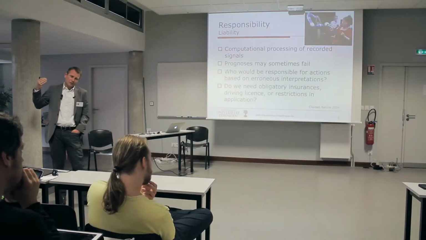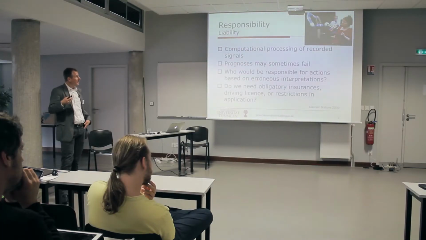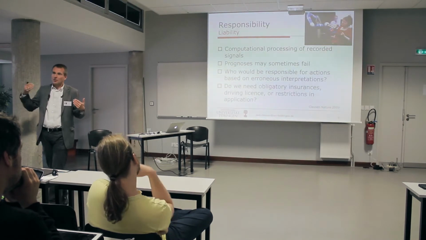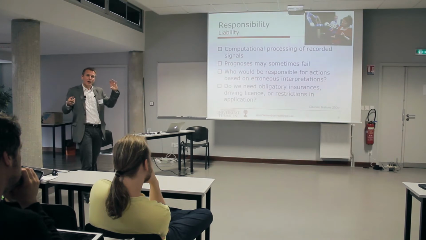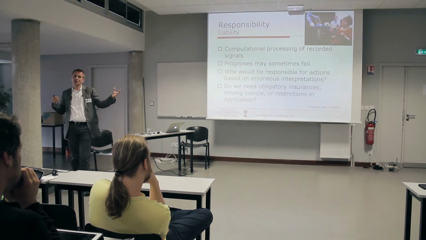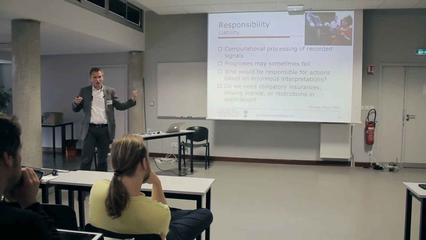Behind the technology, neurosignals are recorded from the brain, and these recorded signals are computationally processed. And then prognoses are made about which kind of movement the patient wanted to make.